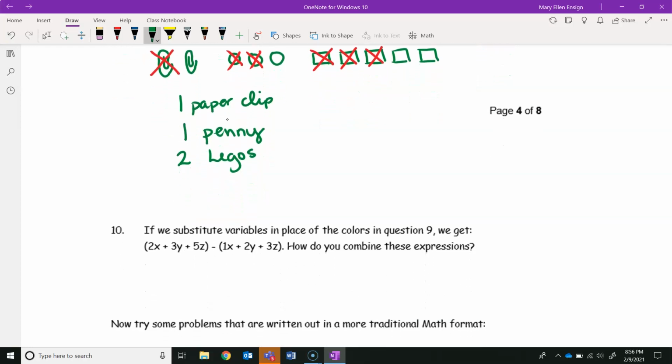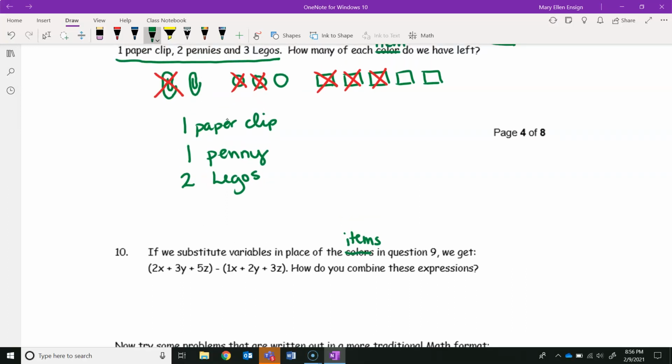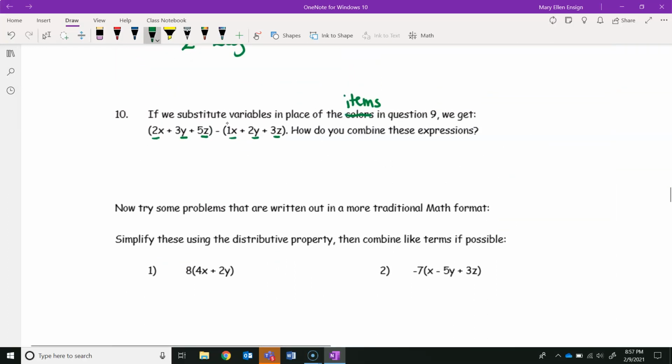So let's look at this. If we substitute variables in place of the items in question 9, so we had 2 paper clips, 3 pennies, and 5 Legos, and we took away 1 paper clip, 2 pennies, and 3 Legos. Now, the reason we are doing this one is because I wanted to show you about subtraction.